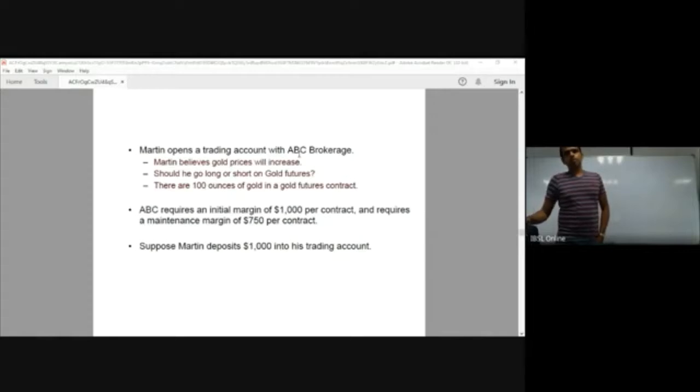There are 100 ounces of gold in gold futures contracts. So ABC requires an initial margin of $1,000 per contract and a maintenance margin of $750 a contract.